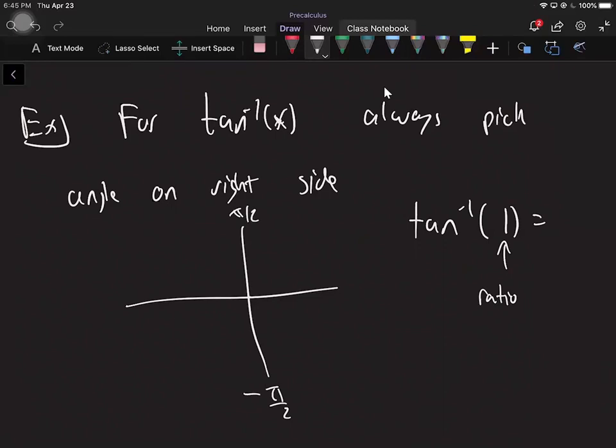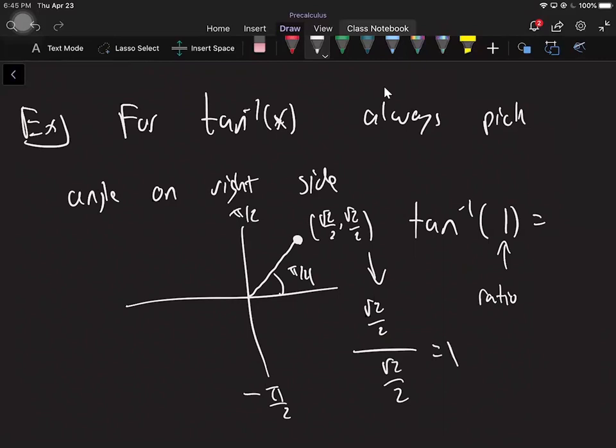Well, that one I just happen to know that x and y are the same at pi over 4, and so they cancel out when you do y over x. So if you do this over this, you get 1, and so pi over 4 is your answer. Okay, so tangent we're not going to do too much of, so don't worry about it too much, I'd say.